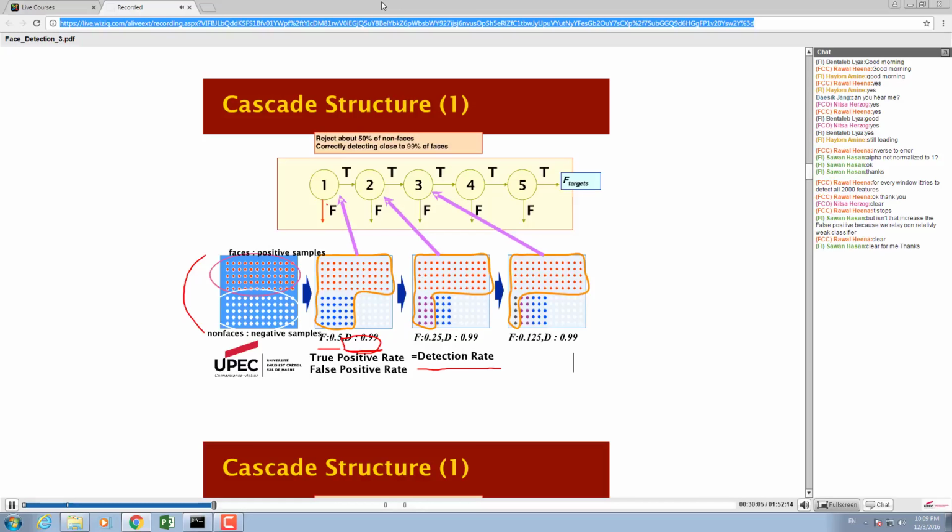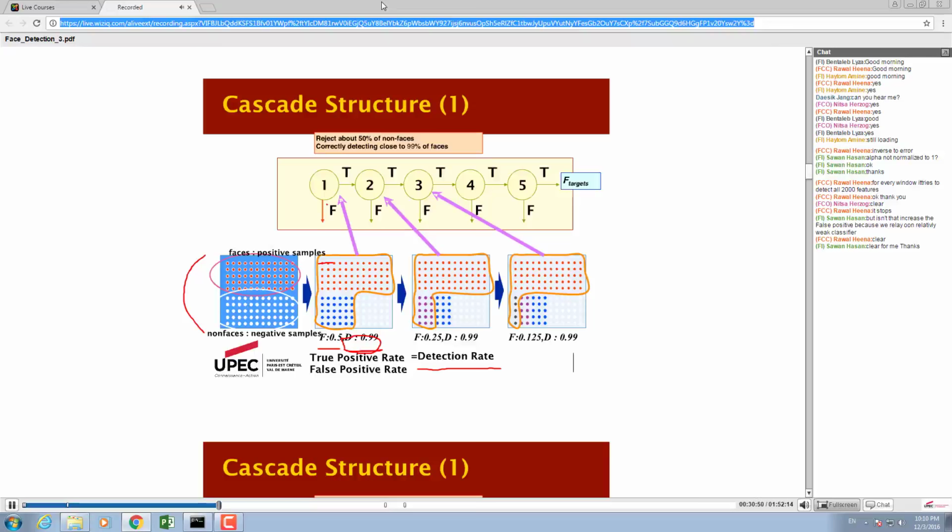If we input all these samples, positive and negative, then stage 1 will say yes for this orange contoured area. Because of the high true positive rate, the detection rate, most of the red positive samples will be classified as face. Is that clear? We are assuming we have a very high detection rate, I'm sorry, true positive rate.